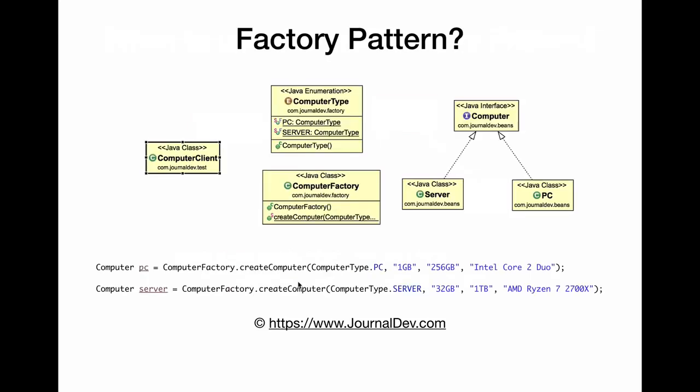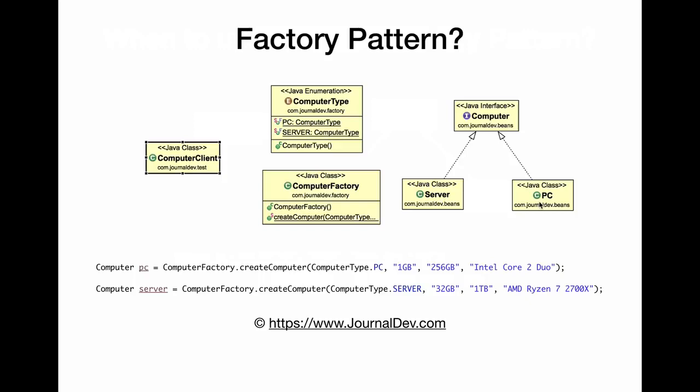In the factory pattern, what we will do is create a computer factory like here, and an enum, computer type, and the client will use the computer factory to get the instance of server and PC, like shown in the code here. Now the client is calling the computer factory's createComputer method, passing the type and arguments to get either the server or PC.